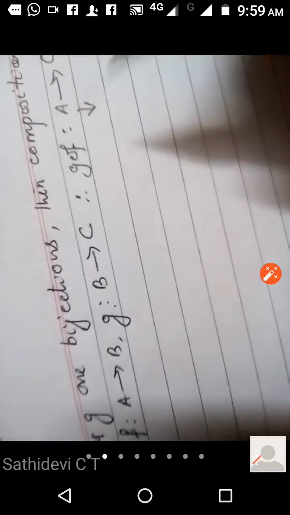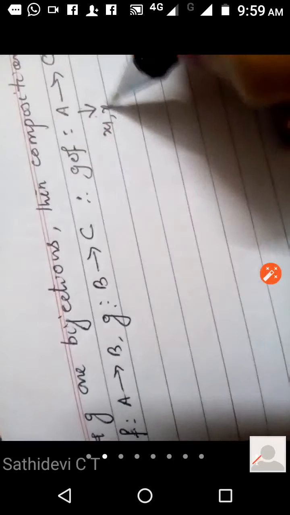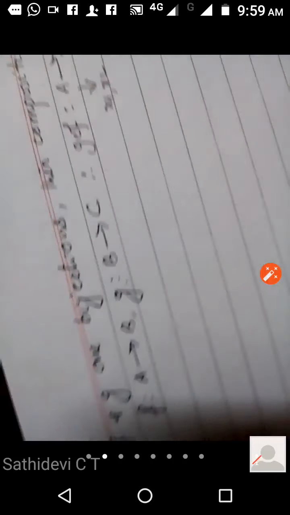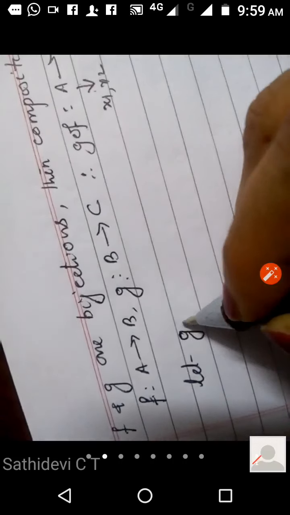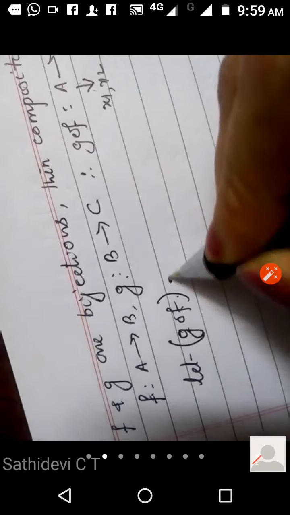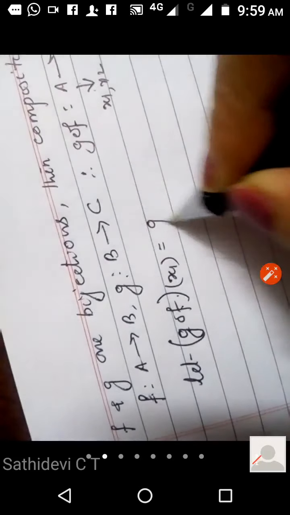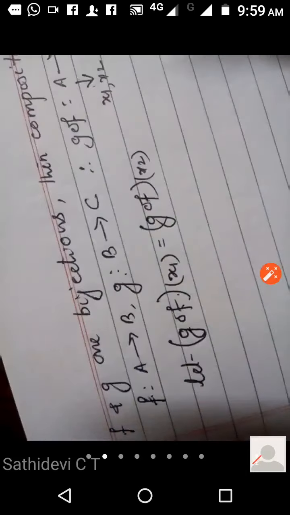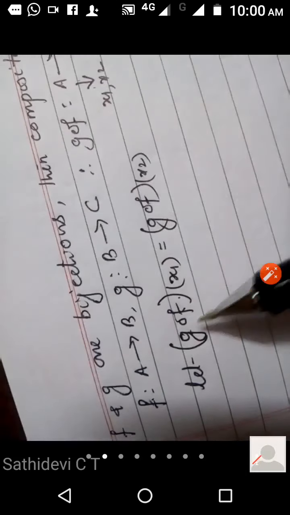So you take two elements from the domain, x1 and x2, from the domain A, and you assume G composite F. This operation you are doing on the element x1 and on the element x2, and you are assuming that both the images are equal.